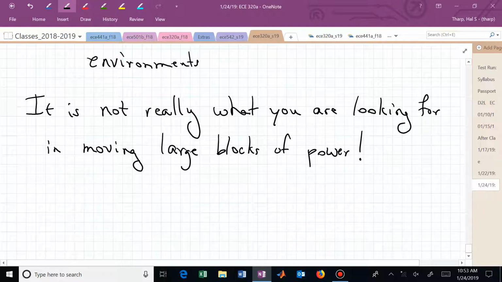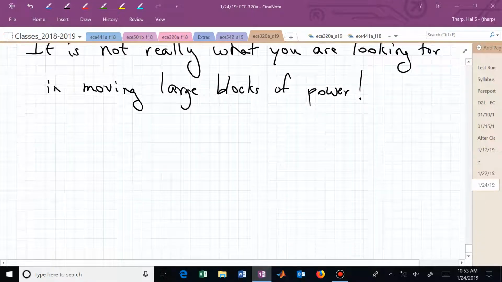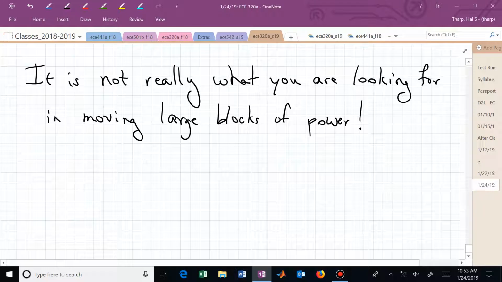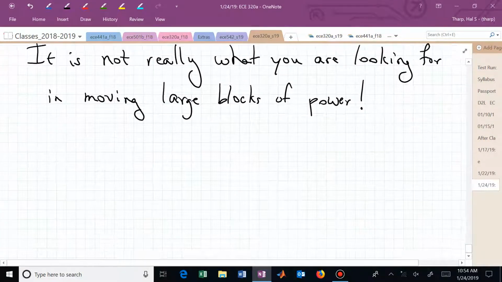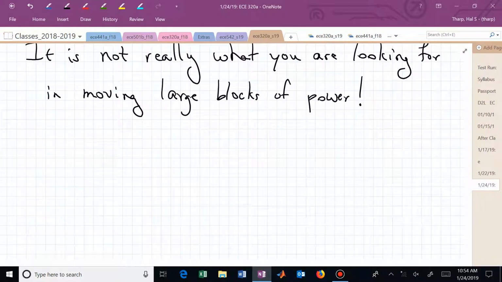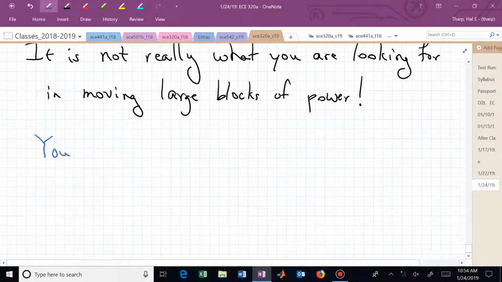And we'll move much larger blocks of power in the next chapter when we get into three-phase circuits. And the reason why it's not a nice thing to do in a real power scenario is because with this matching scenario, you're actually losing the same amount of power in the source as you are at the load. And you really don't want to put half of your power consumption at the load or at the source side. I'm sorry, either one.